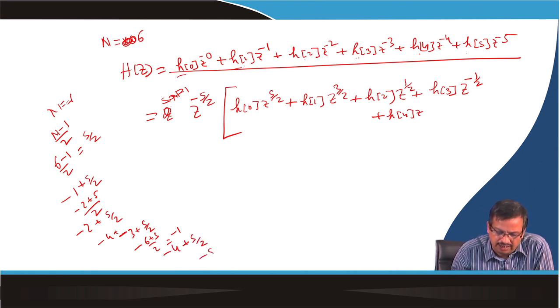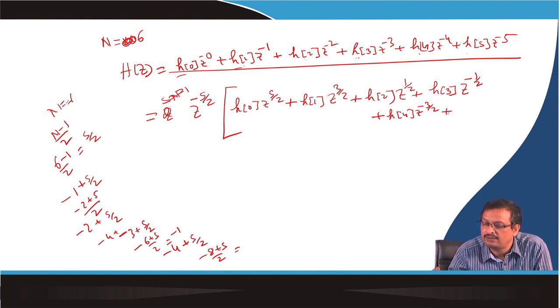So it is nothing but minus 8 plus 5 by 2, which is minus 3 by 2, plus H5. So minus 5 plus 5 by 2, it is nothing but minus 10 plus 5 divided by 2, minus 5 by 2, z to the power minus 5 by 2.